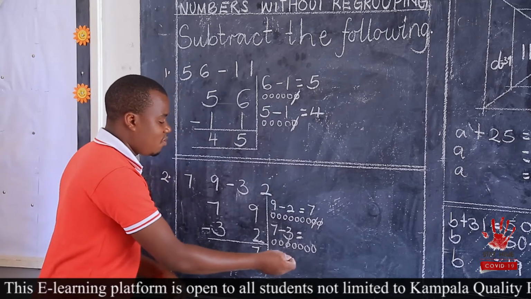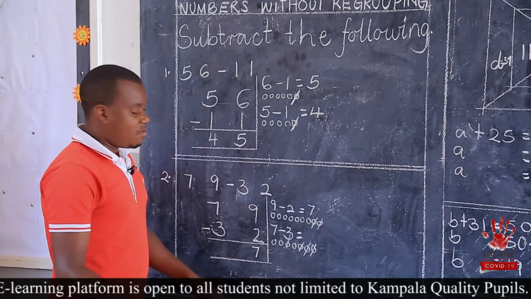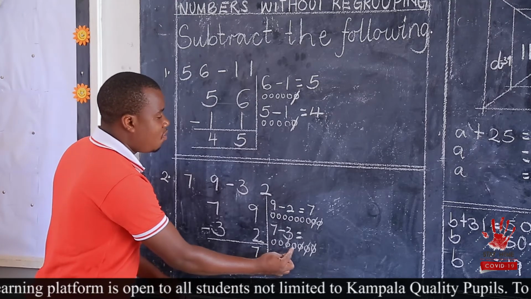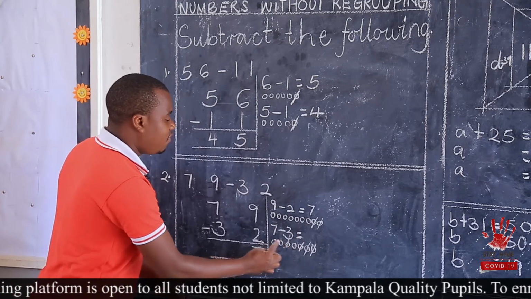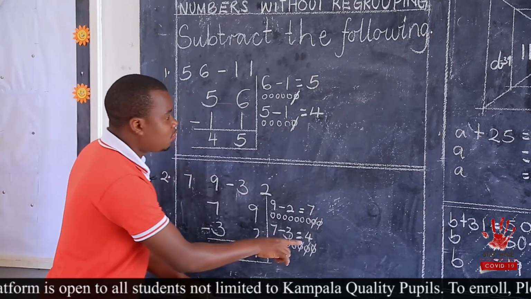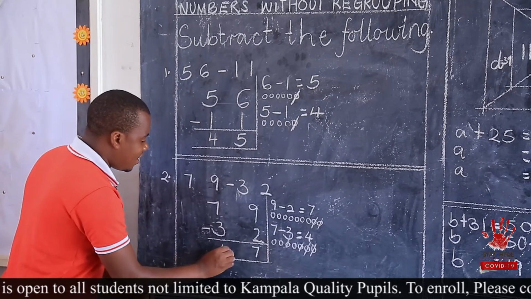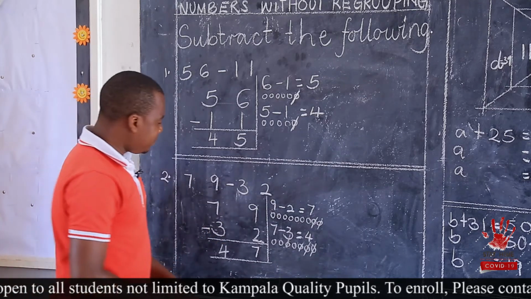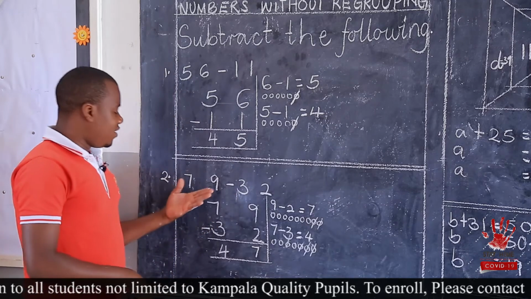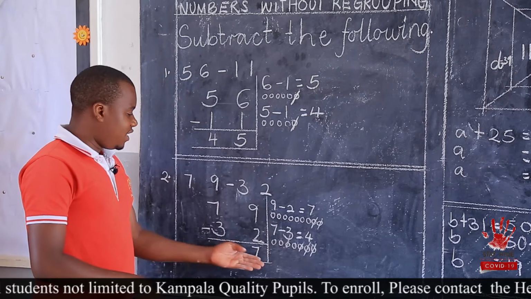So I'll come and cross. I'll say 1, 2, 3. So what is 7 take away 3? Count the remaining ones. 1, 2, 3, 4. Meaning 7 take away 3 is 4. So after getting the answer, what am I going to do? I will come here and write 4. So 79 take away 32 is 47.